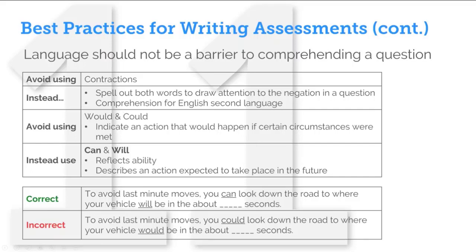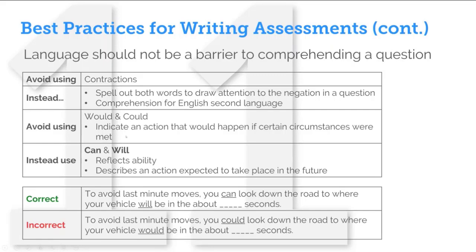That helps not only to emphasize the negation that might be in there, but also it helps with English as a second language. If you're not wanting to test someone's English skills, contractions can be really difficult for people who are using English as a second language, so help them out by taking out your contractions.